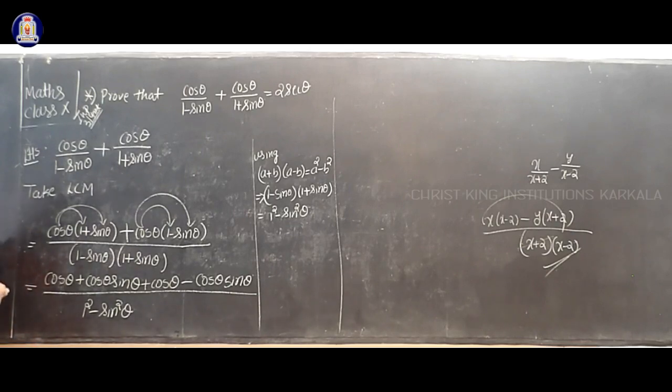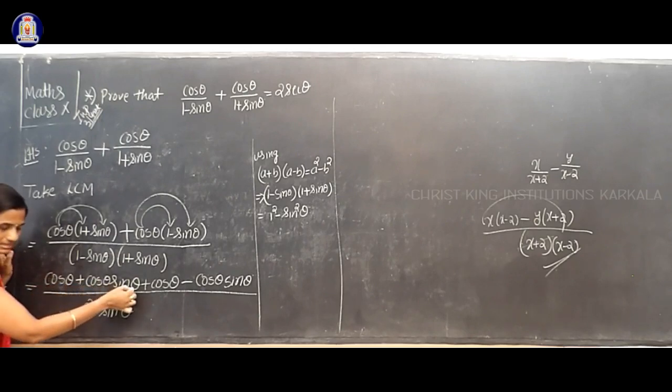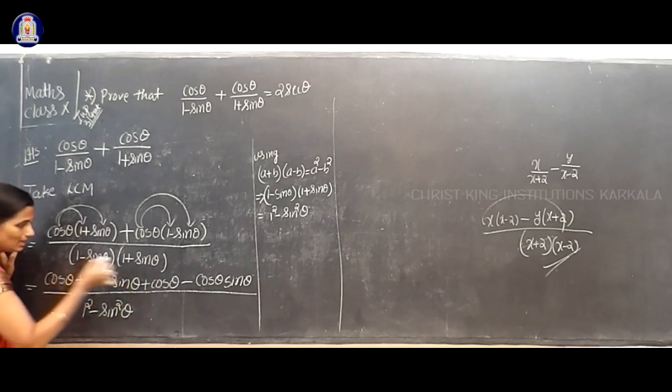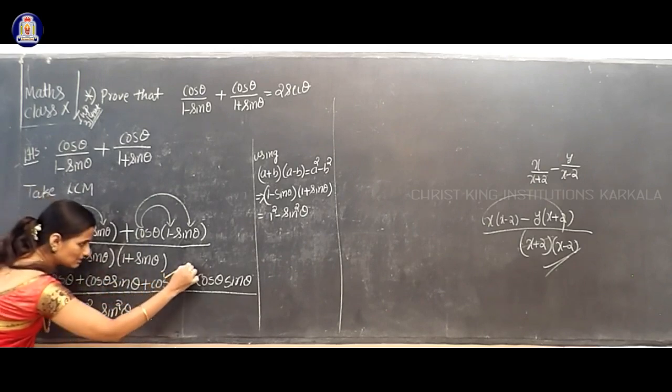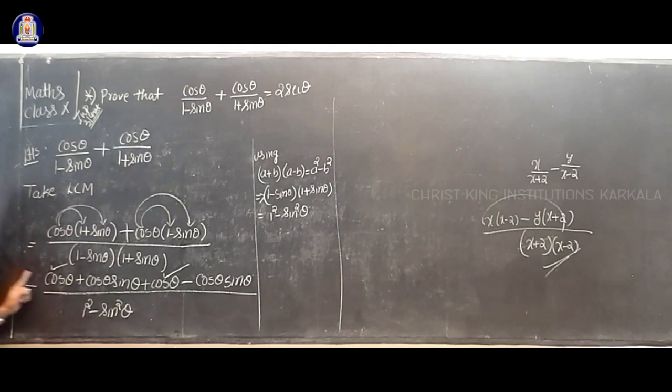Now see the numerator. Is it possible to cancel something here? Collect like terms. So cos theta and sin theta are not like terms. Next is cos theta. Are this cos theta and this cos theta like terms?